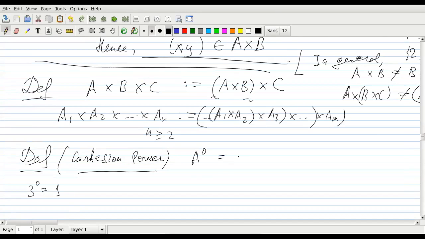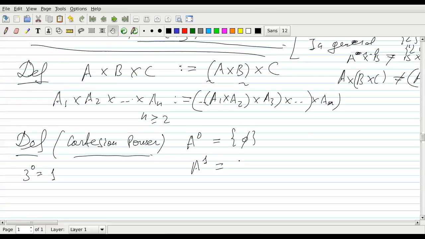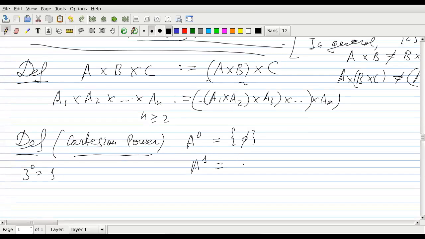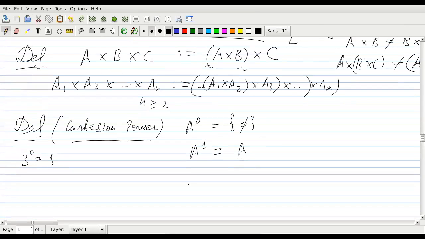So here I need, please use your intuition, a set with one element. What is the simplest set with one element? The singleton of the empty set, of course. A to the power 1 equals A itself, of course.